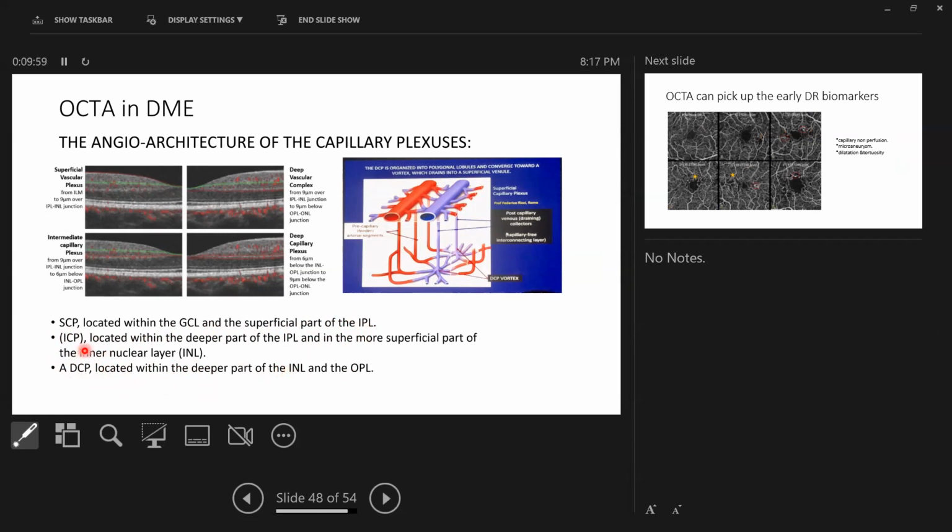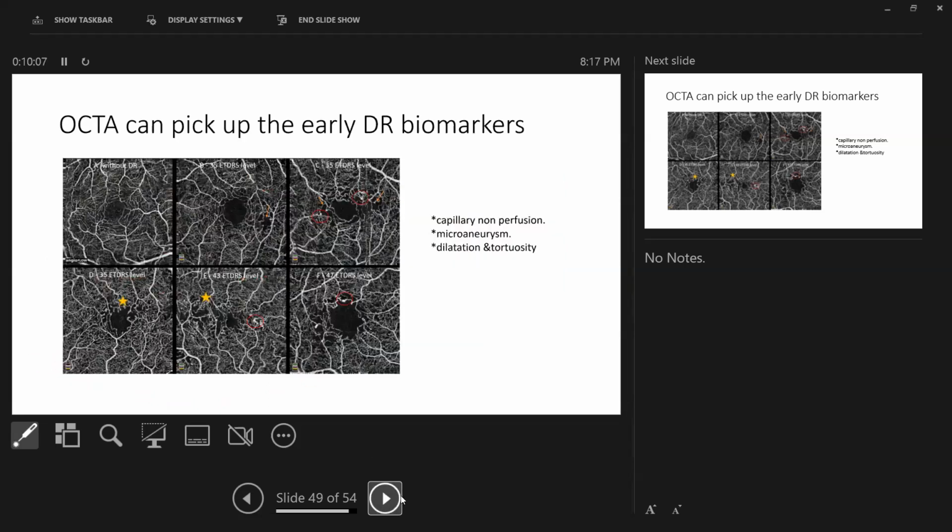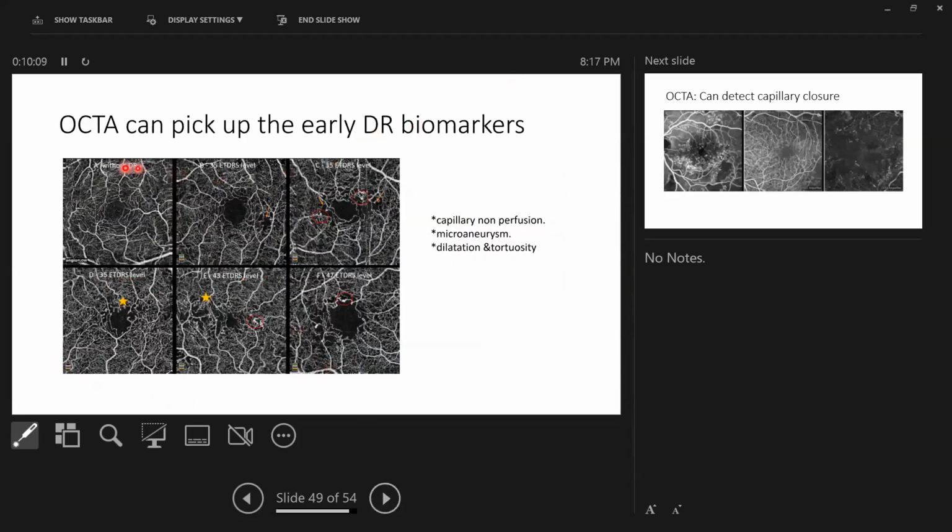And the intermediate, which is found in between, we will not take it now, we just focus on superficial and deep, but just keep it in your mind. Okay, so OCT angio can pick up actually the early changes of diabetic retinopathy biomarkers. If you look here at the OCT angio frames, you can identify the capillary non-perfusion in this area.